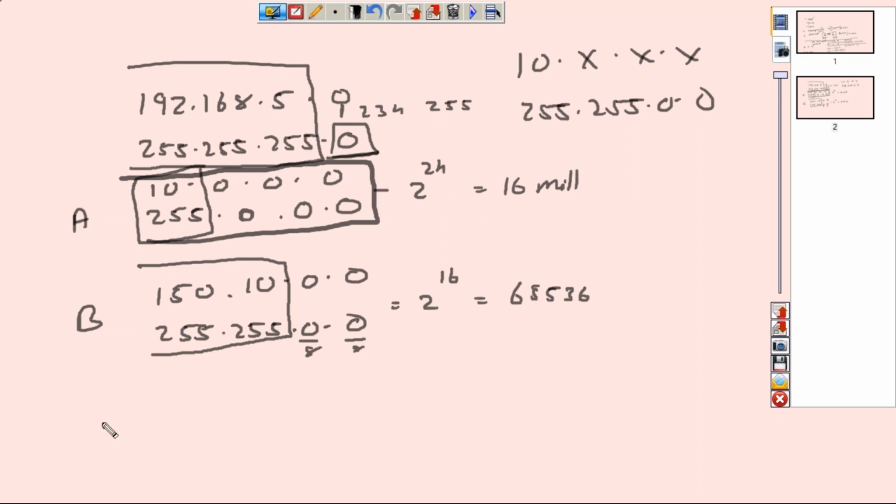And coming down to your class C, let's say we have the default subnet. I'm not saying we can't change this. What I'm saying is this is the default, right? We know that defaults can be changed and we will. That is the default subnet mask of a class C address. Let's say 200.5.10.0.